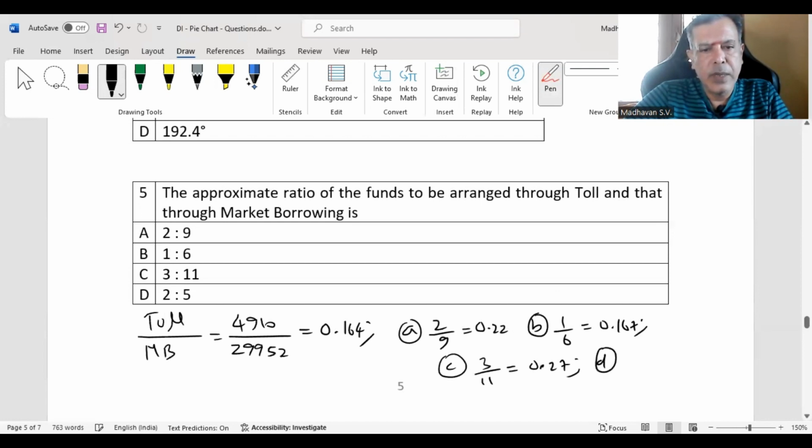Option D is 2 by 5, and that works out to 0.4. Among all these, 0.22, 0.167, 0.27, 0.4, the nearest to 0.164 is 0.167, which means our right option is option B. That is the solution for all the questions.